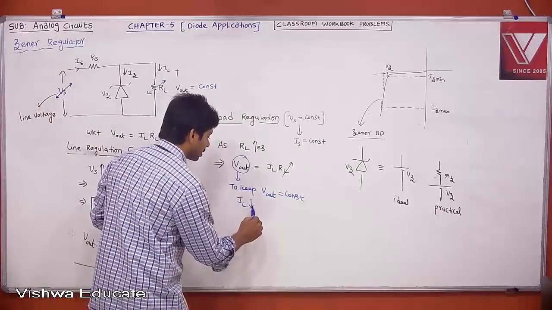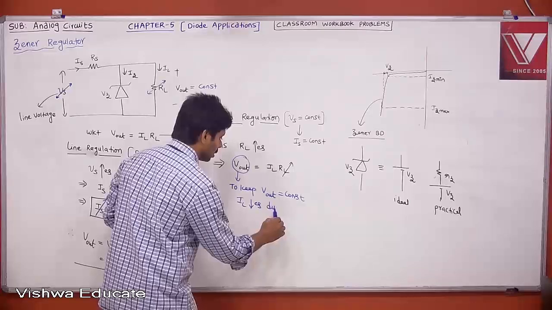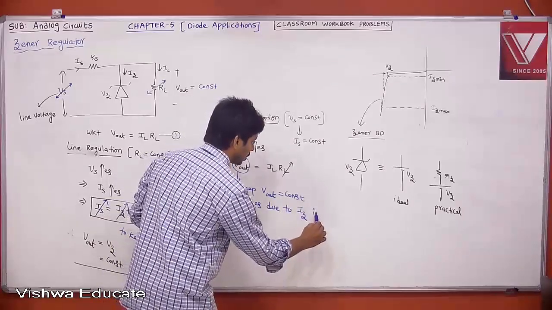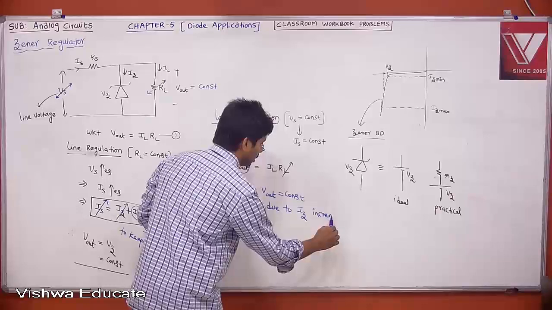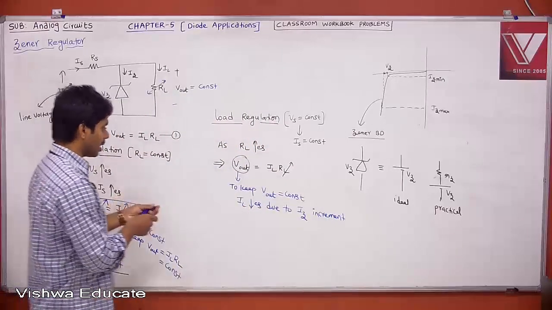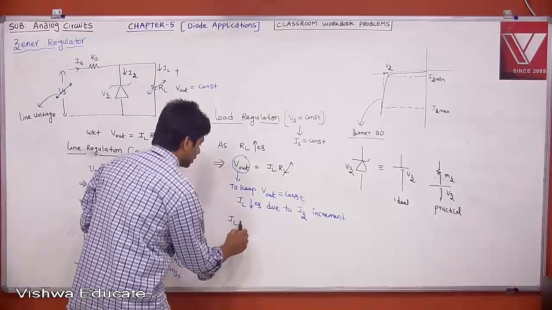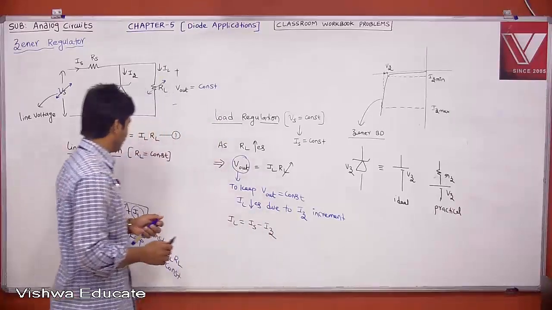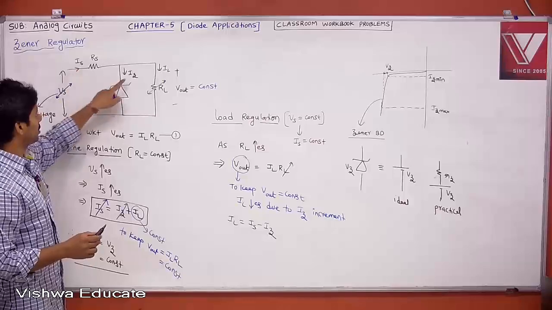IL decreases due to IZ increment. Your IZ will be increased automatically. Therefore, your IL is equal to IS minus IZ. That is what your KCL is, right? Your load current is equal to source current minus Zener current.